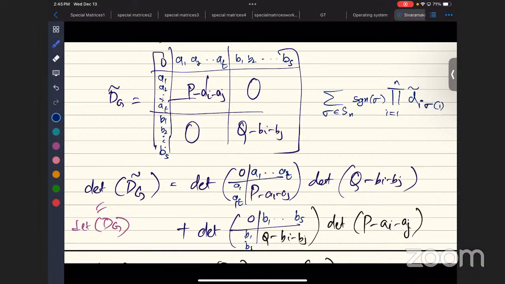This expansion, the determinant, will be the Laplace expansion.